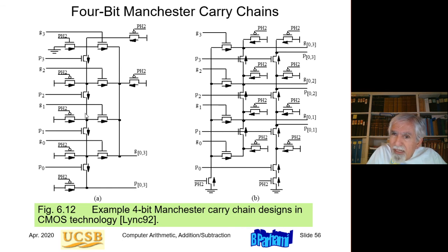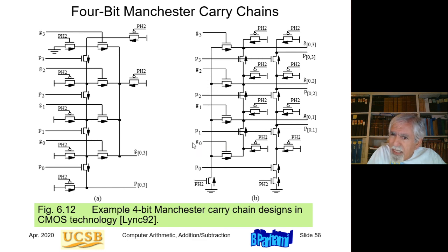Okay, so that's a 4-bit Manchester carry chain that gives me P and G. So you can see here that if P0, P1, P2, and P3 are 1, all these 4 transistors will conduct, and therefore P03 will be asserted. And similarly, the G signal. Now this one is similar, a slightly different version, the type B Manchester carry chain.